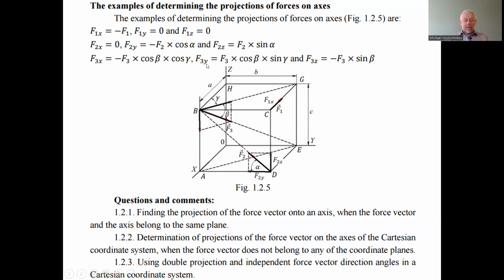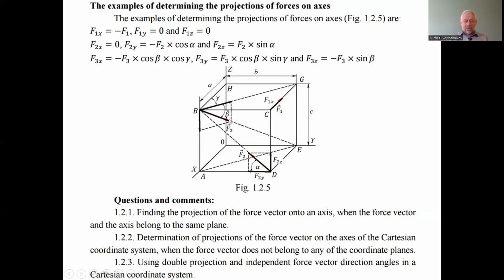And F3x is the product of minus F3 by cosine beta, this angle, and cosine gamma, the angle in the plane. The projection of the force F3 on the axis y, F3y, is equal to the product of the magnitude of the force F3 by cosine beta, which is the projection on the horizontal plane, and next by sine gamma.